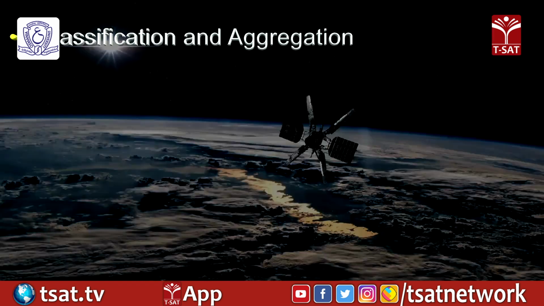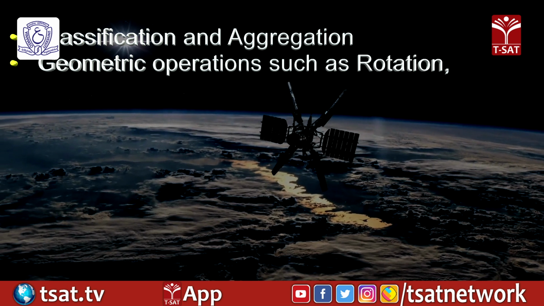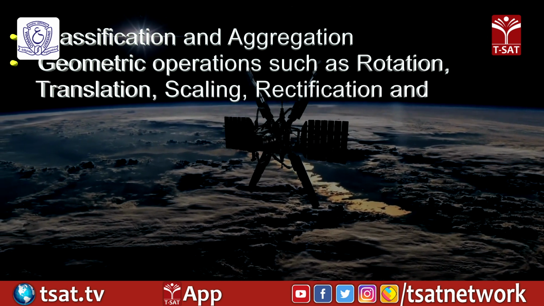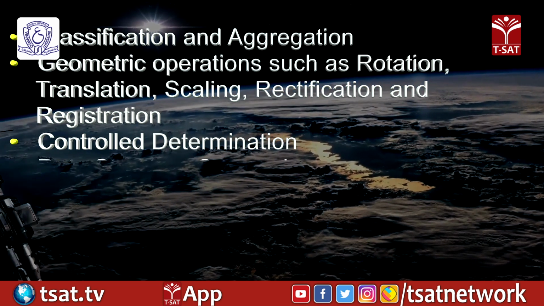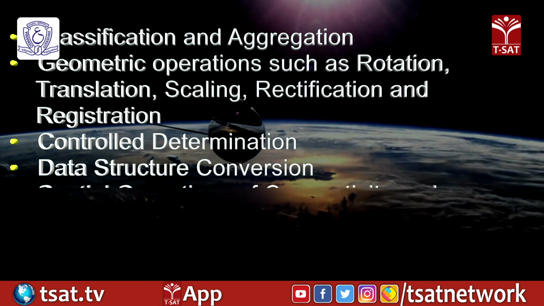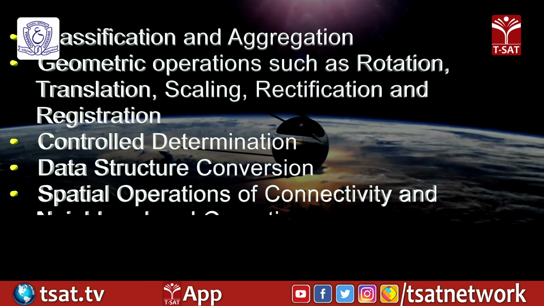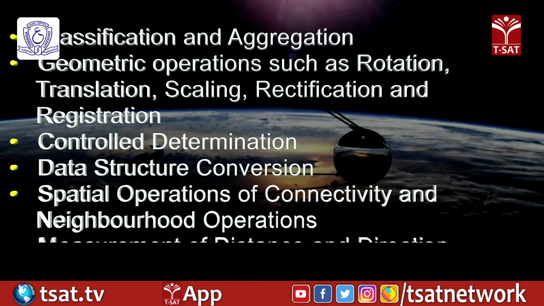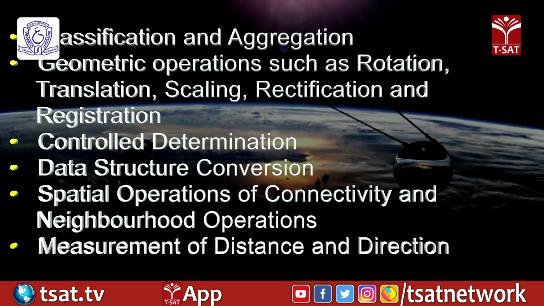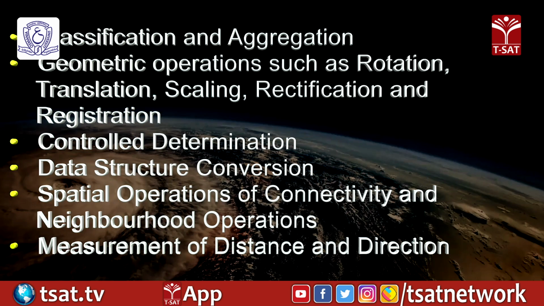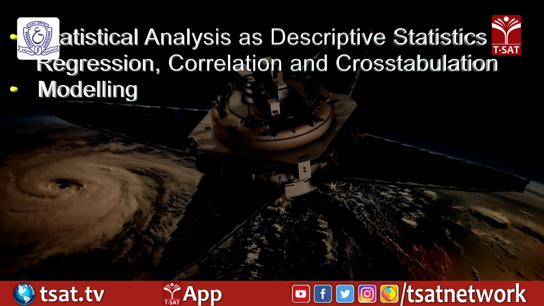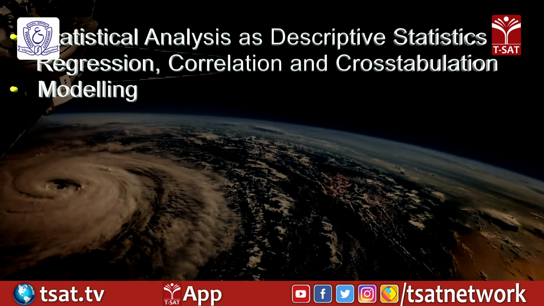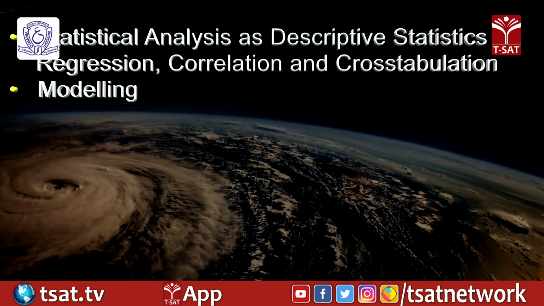The data manipulation and analysis include classification and aggregation, geometric operations such as rotation, translation, scaling, rectification and registration, control determination, data structure conversion, spatial operations of connectivity and neighborhood operation, measurement of distance and direction, statistical analysis such as descriptive statistics, regression, correlation and cross-tabulation, and modeling.